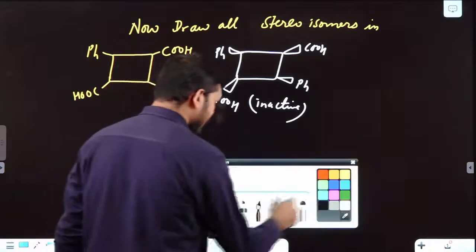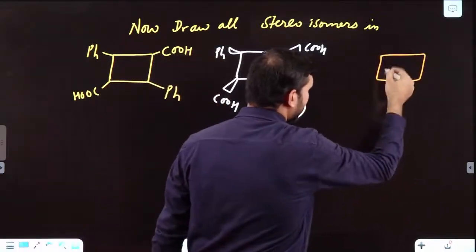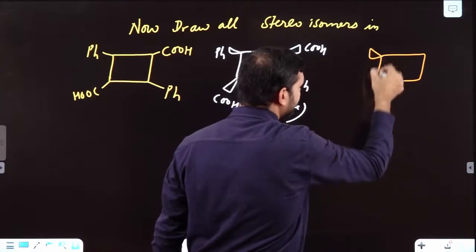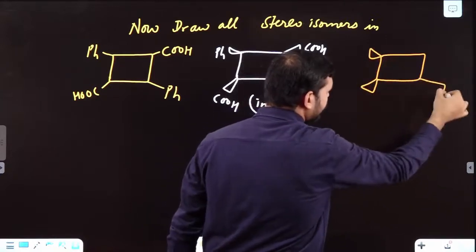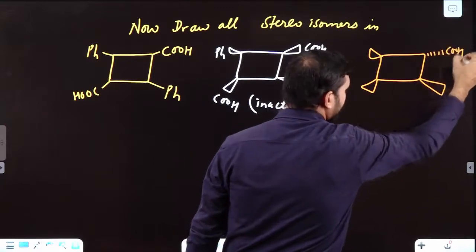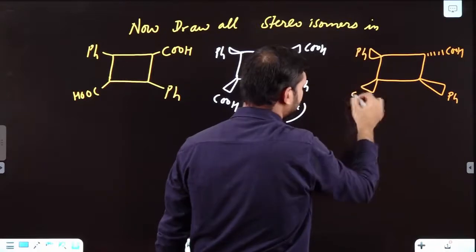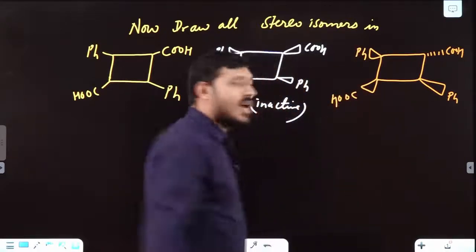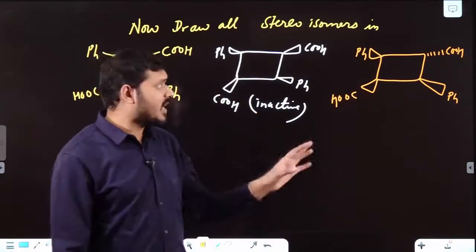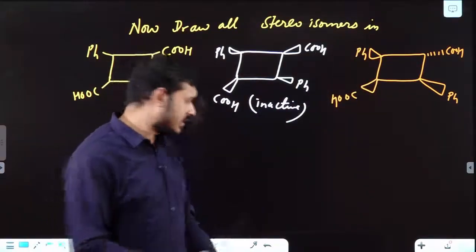Now another case, 1 on different side. So I have two possibilities. Either I can make COOH on different side or OH on different side. So I'll draw both the cases.